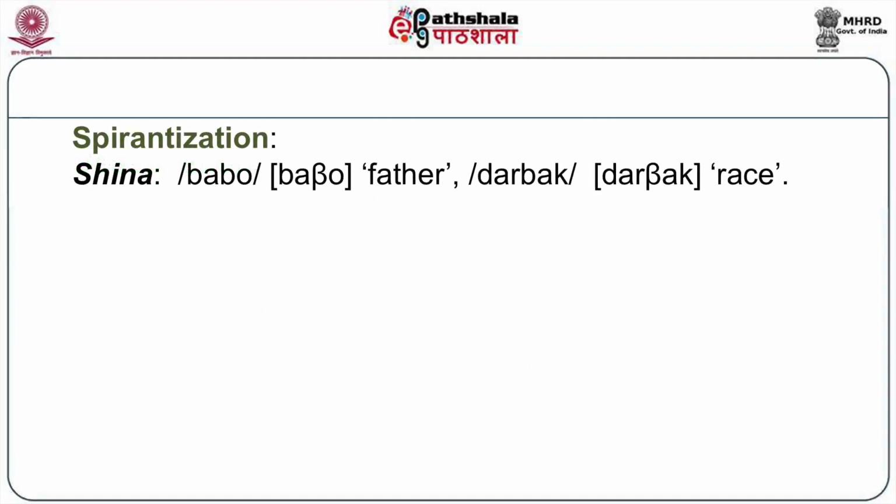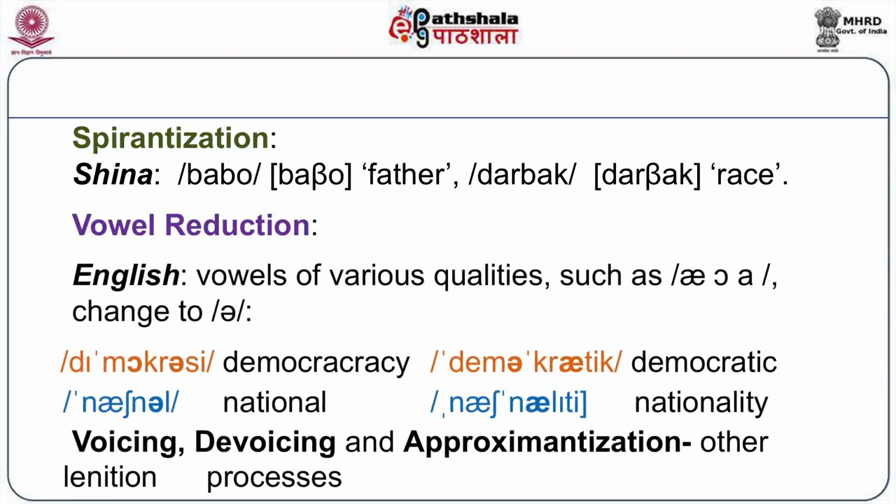The processes of spirantization, voicing and devoicing as lenition processes have also been discussed in relation to the laryngeal type of modification processes. We thus only give examples of these processes here. Vowel reduction.